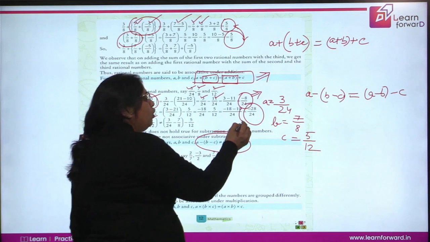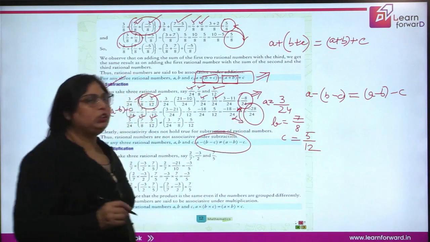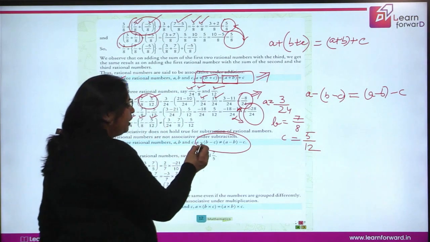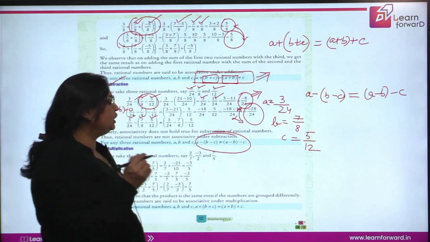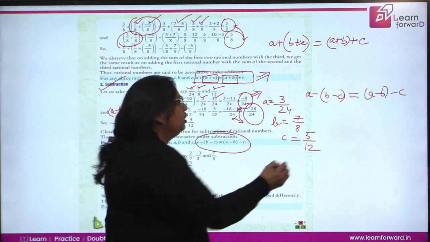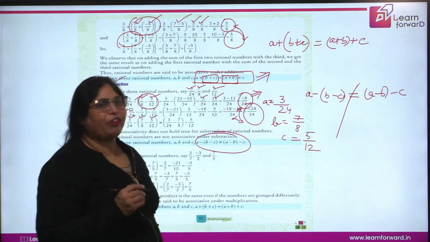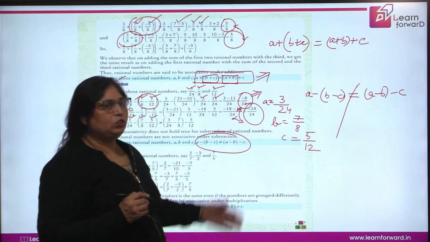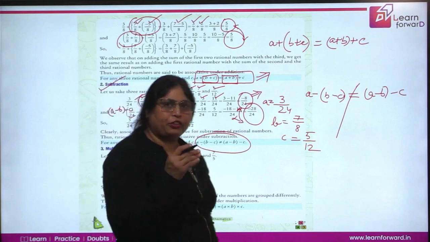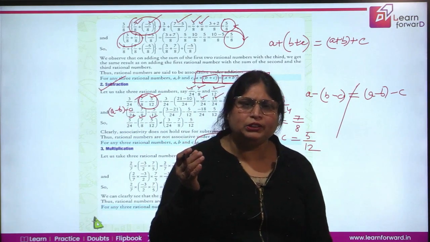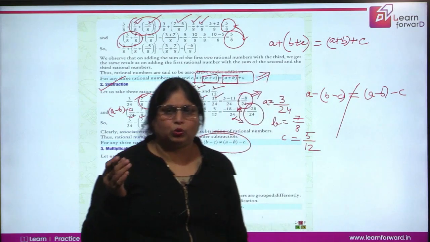These two are not equal. That means A minus (B minus C) is not equal to (A minus B) minus C. We have verified for this case. So, after commutative, is the commutative property holding true for rational numbers? Okay.